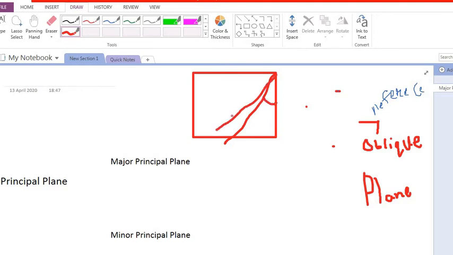If theta will be more, or if I take this plane like this, again this theta will be something different.